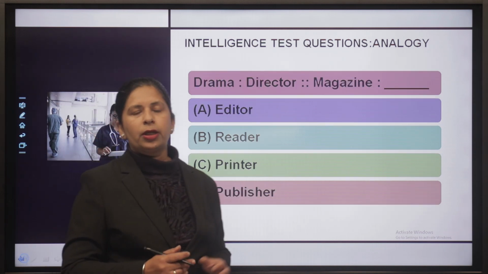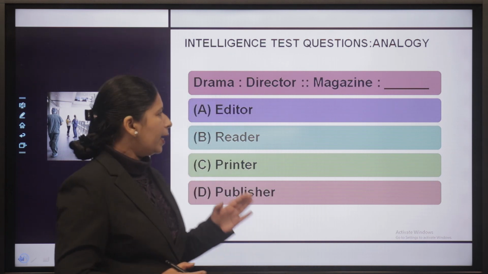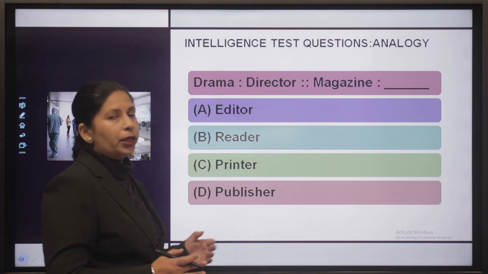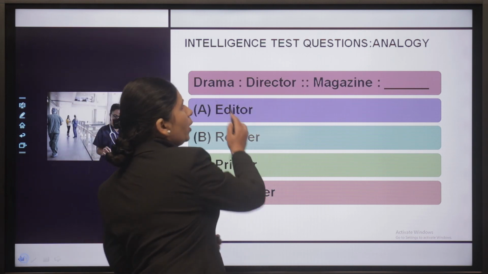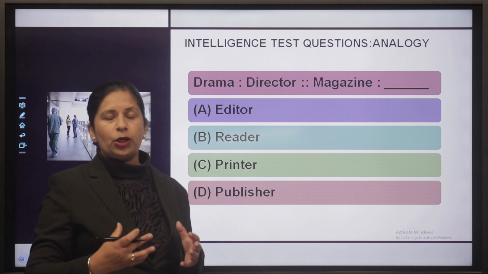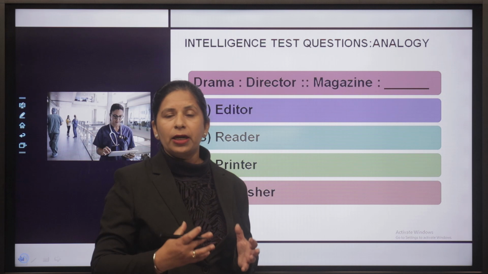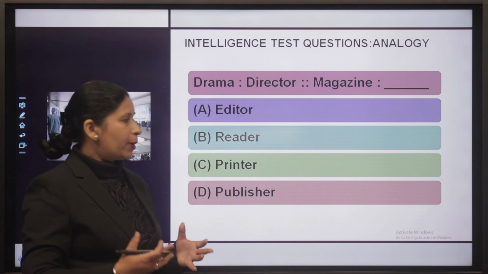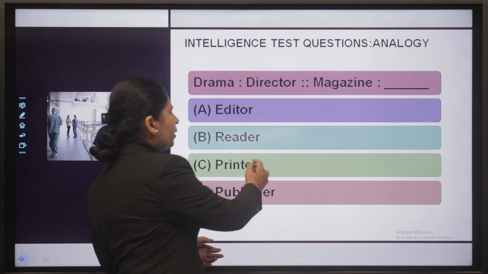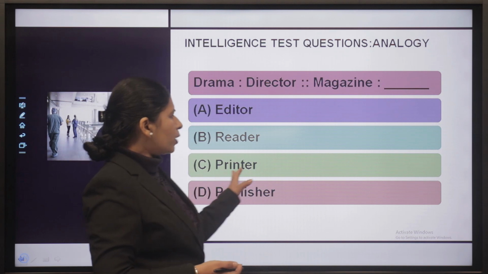And one more question. Drama is to director. Magazine is to what? Editor, reader, printer or publisher. Okay, you know that the person who has the sole responsibility, who is in charge of a drama, is the director. Similarly, when we are talking about a printed magazine, who is behind that printed magazine? Printer है, publisher है, reader is the one who reads the magazine, printer is the one who prints.